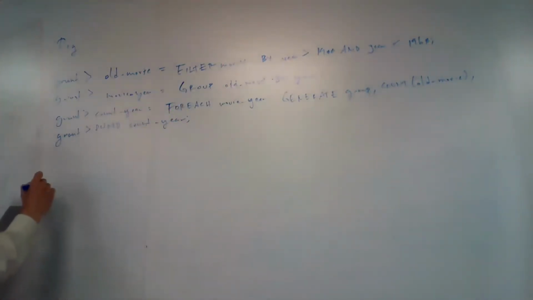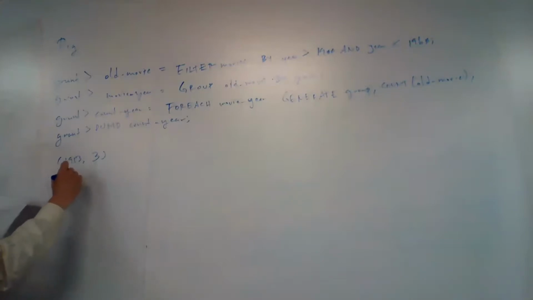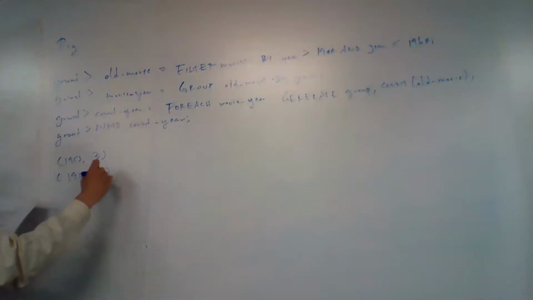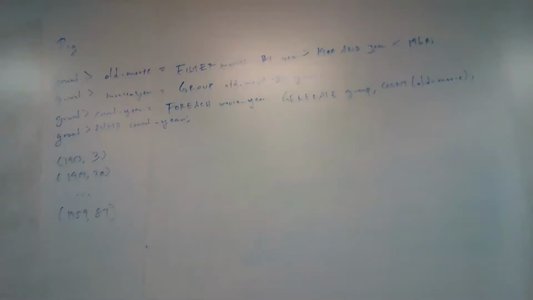And what we should see is something like this. It would say 1913, 3, 1914, 20, 1959, 87. So what you've actually done is assign a sort of selector, a filter, a grouping, and then a counter, a sorter and a counter to figure out, okay, well, how many movies for each year are there in this movie set that I loaded?